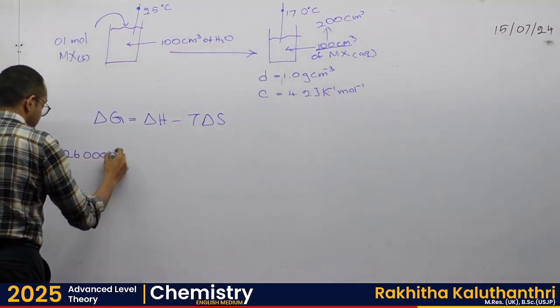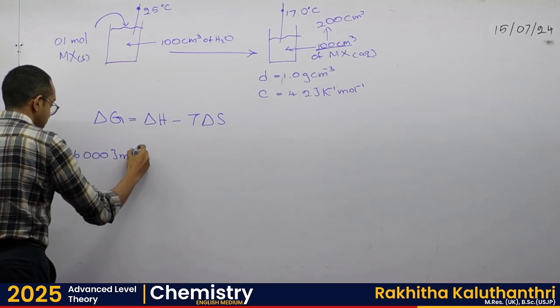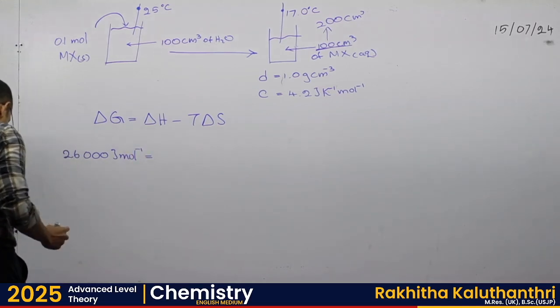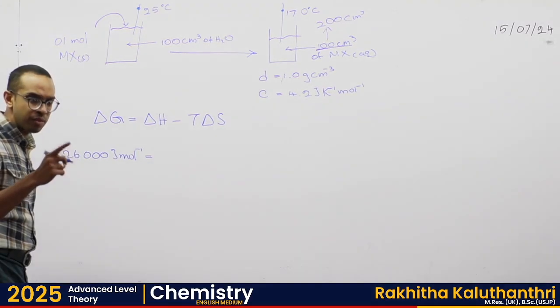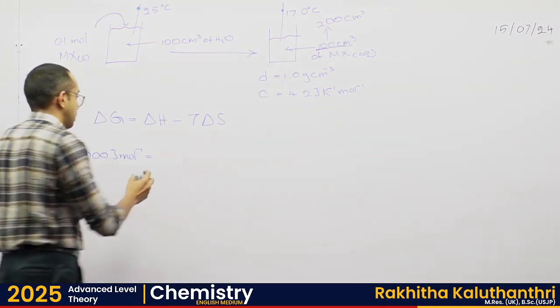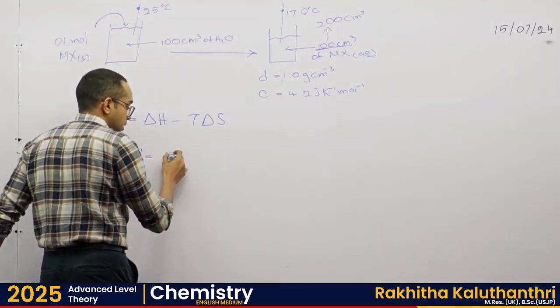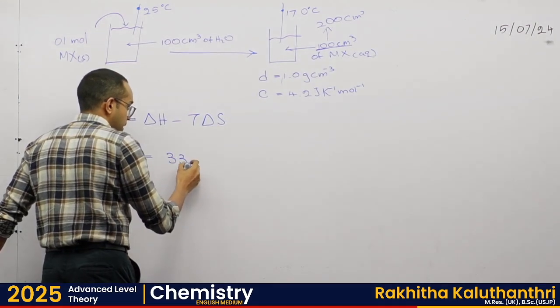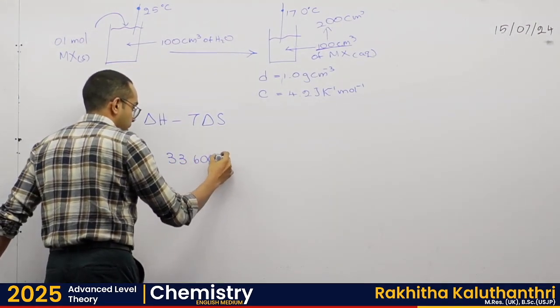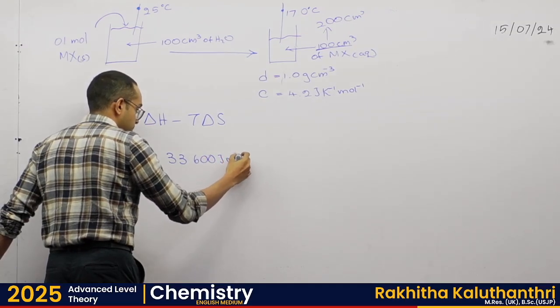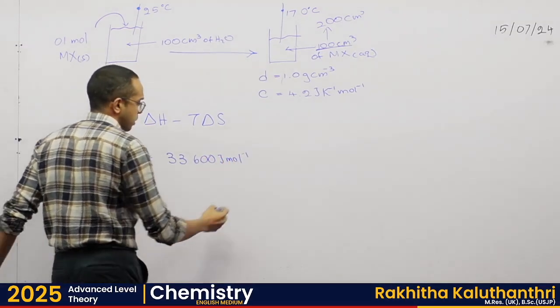So we have minus 26,000 joules per mole here, and delta H, what was the delta H we calculated? 33.6, right? So that means this was plus 33,600 joules per mole. That was an endothermic process.